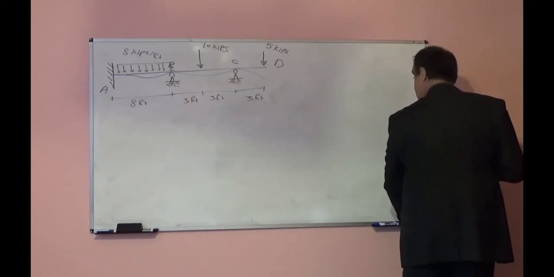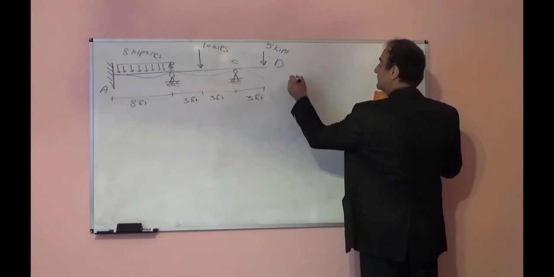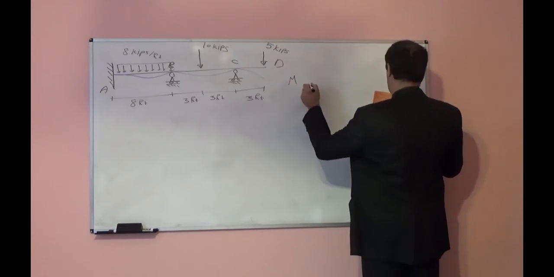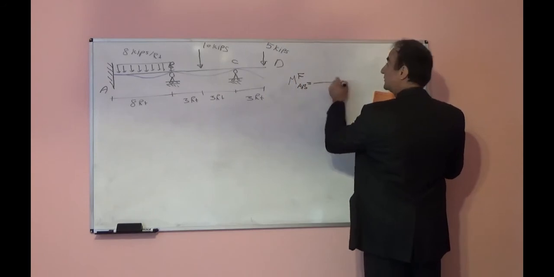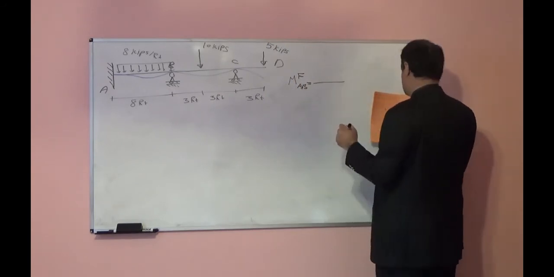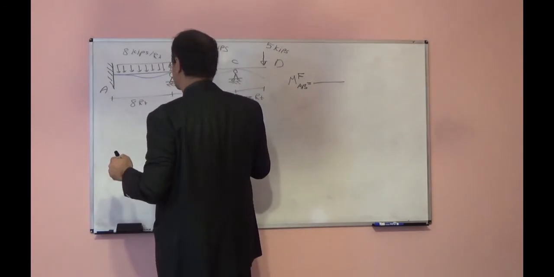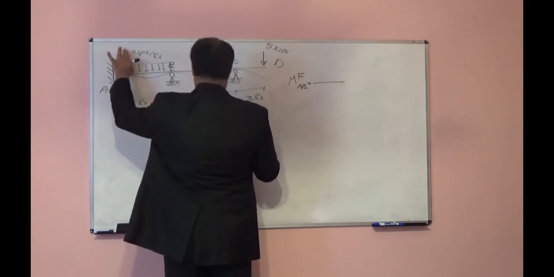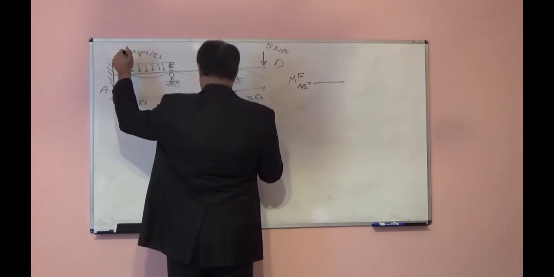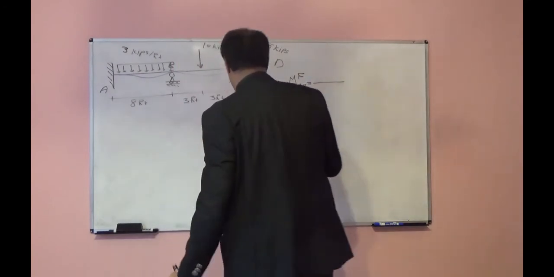Let's look at the fixed end moments. For the AB part, it is a distributed load, so M fixed AB will be equal to, let's see, for this part, sorry I made a mistake, this should be 3 kips per feet and the length is 8 feet.